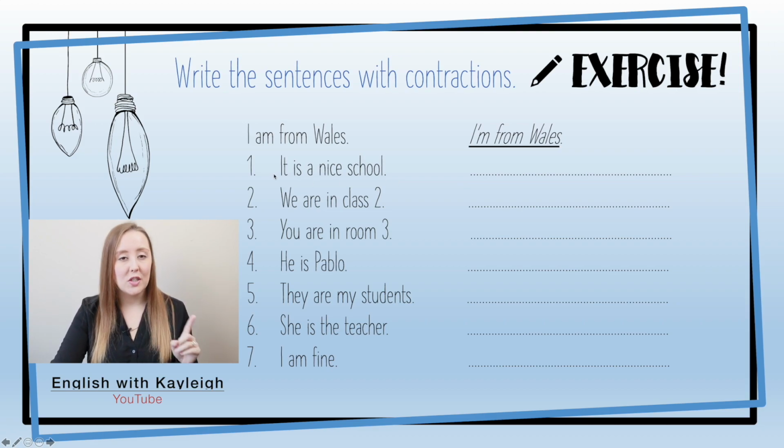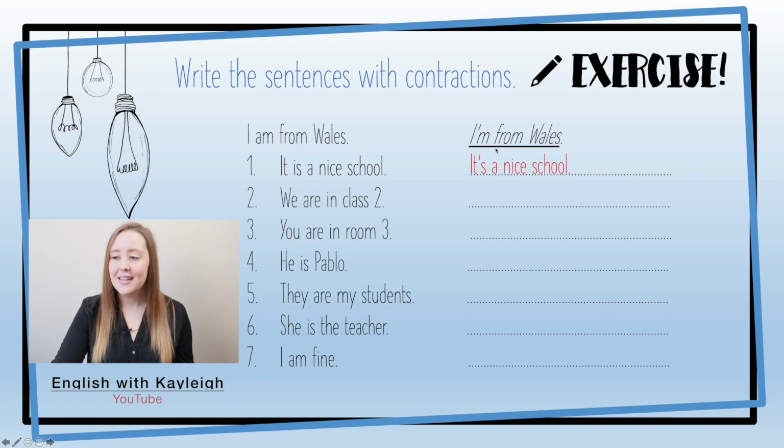We'll do number 1 together. It is a nice school. So we want to contract the pronoun it and the verb to be, is. It is. If we put them together, what word do we use? Good. It's.